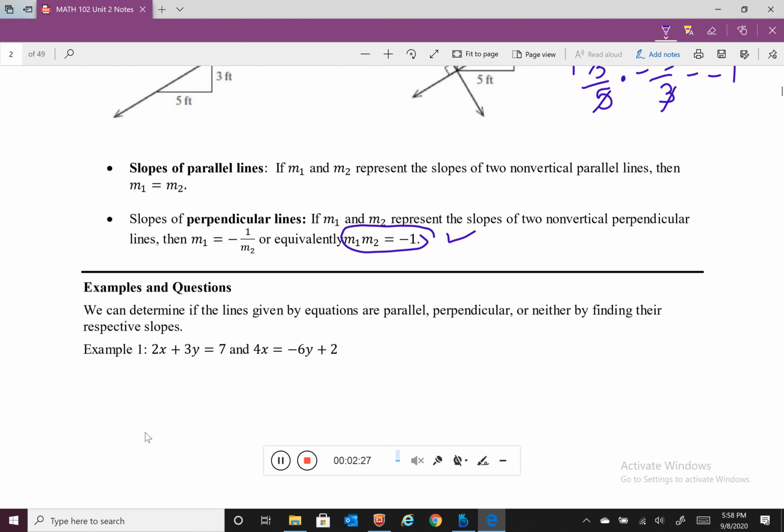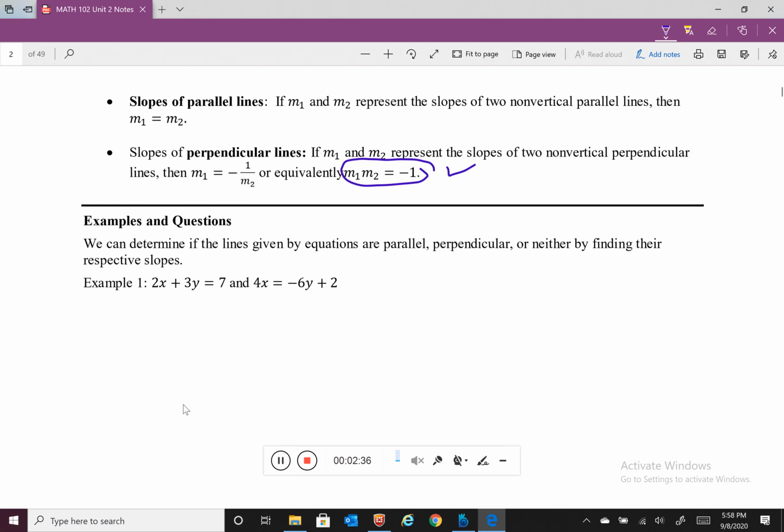We can determine if the lines given by equations are parallel, perpendicular, or neither by finding their respective slopes. For our first example, we have 2x plus 3y equals 7. And in order to find the slope, we need to get this equation in y equals mx plus b form so that we can identify the coefficient of our x term, which is then the slope.